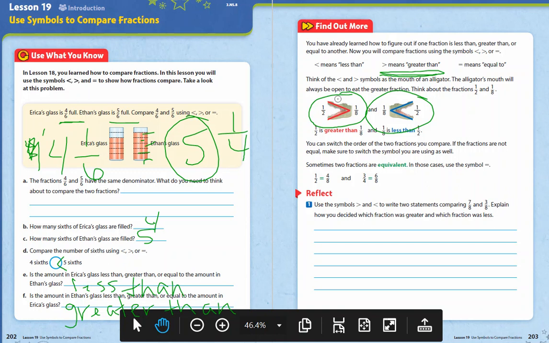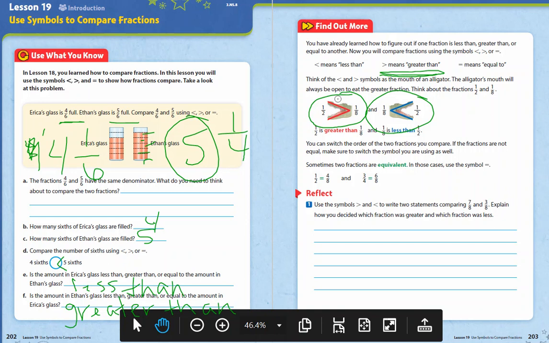So 1/2 in our first one is first, but in our other one, 1/8 is first. If you flip them, you have to also flip the sign, because it will not make sense if you say 1/8 is greater than 1/2. Make sure you switch the signs if you switch the fractions.